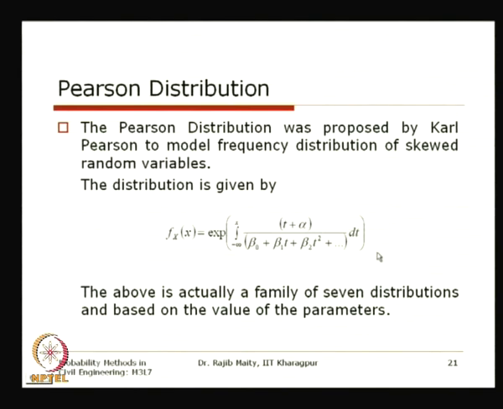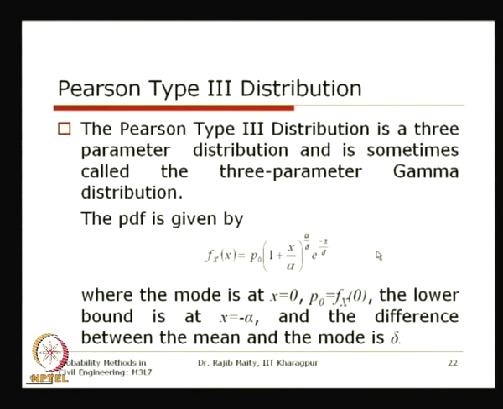This Pearson type 3 distribution takes the form like this, which is a 3 parameter distribution, and sometimes it is also called the 3 parameter gamma distribution.